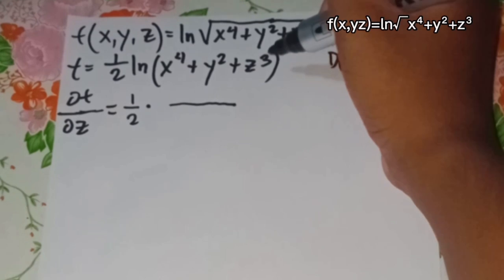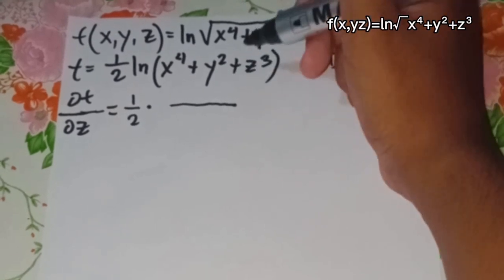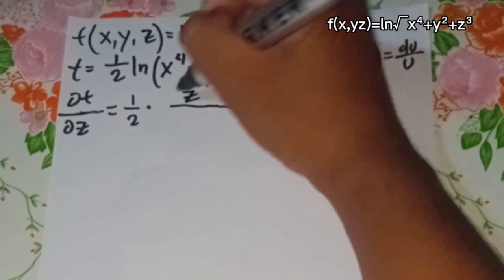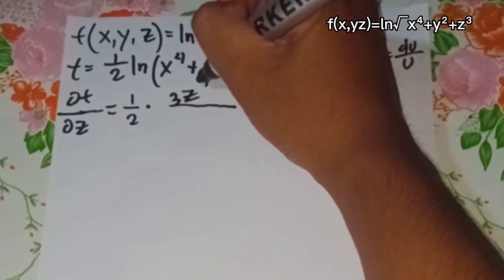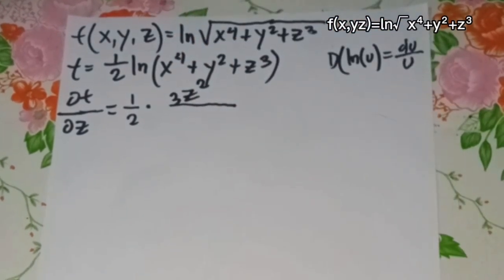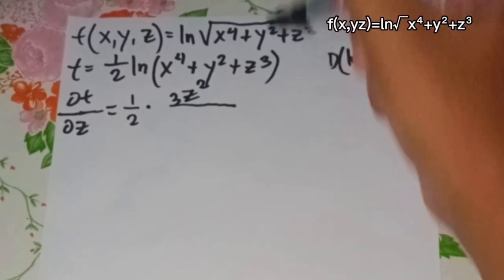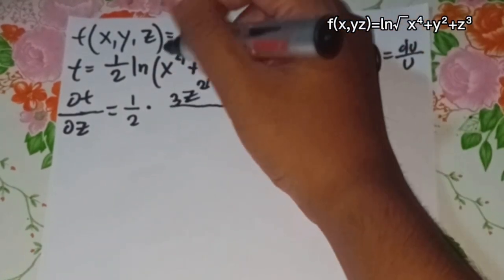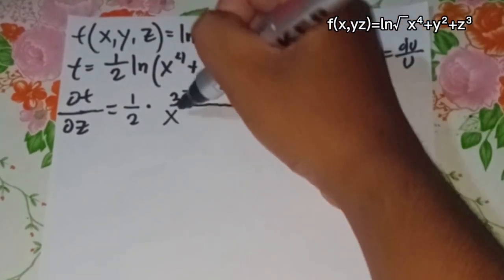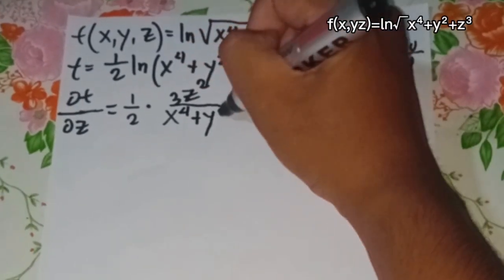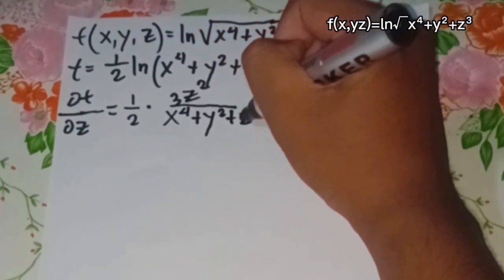And the derivative of z cubed with respect to z is 3z raised to 2, over x raised to 4 plus y squared plus z cubed.